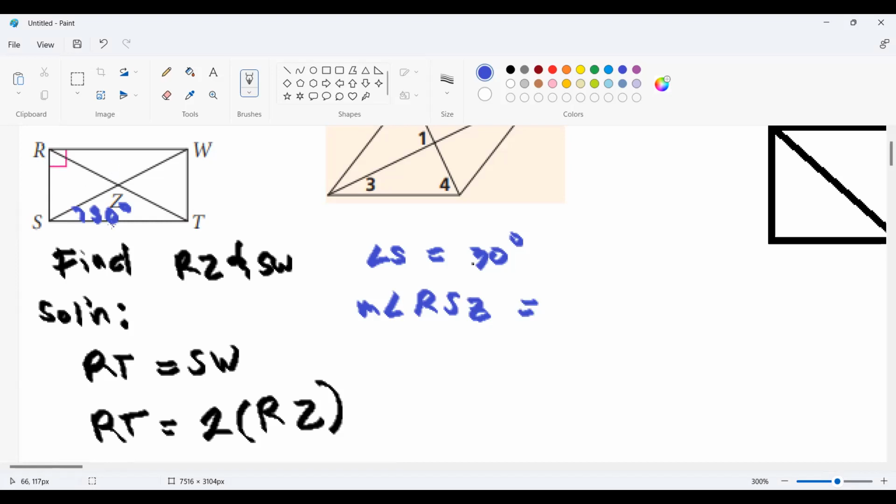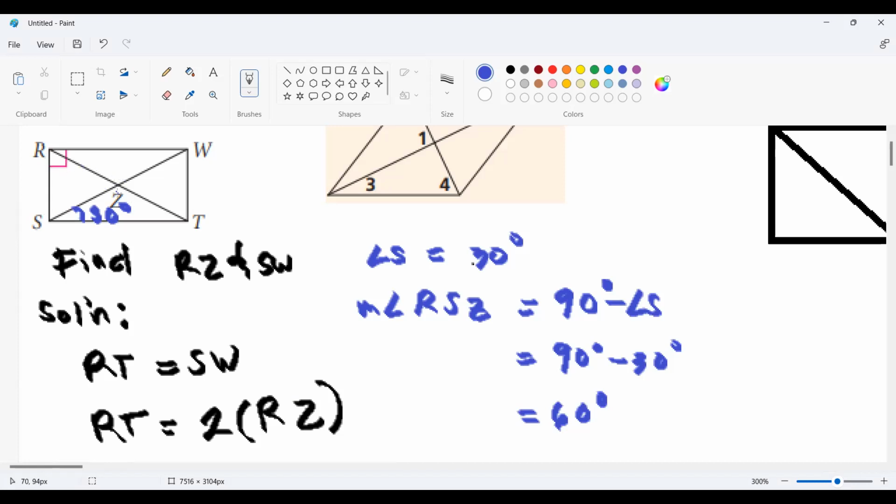Remember that all angles of a rectangle measure 90 degrees. So we get RSZ by subtracting angle S from 90: 90 degrees minus 30 degrees gives 60 degrees. That's only for this case.